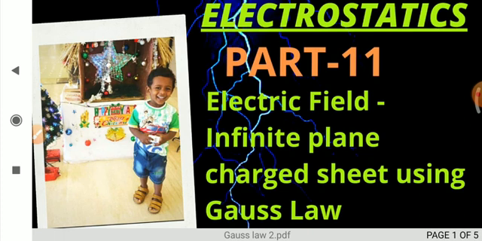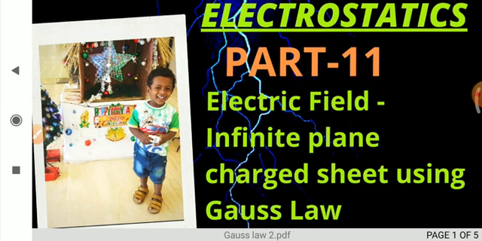By using Gauss law, how can we find the electric field due to a plane sheet of surface charge density? Here we are not considering any charged wire or conductor or point charge. We have a plane sheet of uniform surface charge density sigma. Then we are going to apply Gauss law and the electric flux.